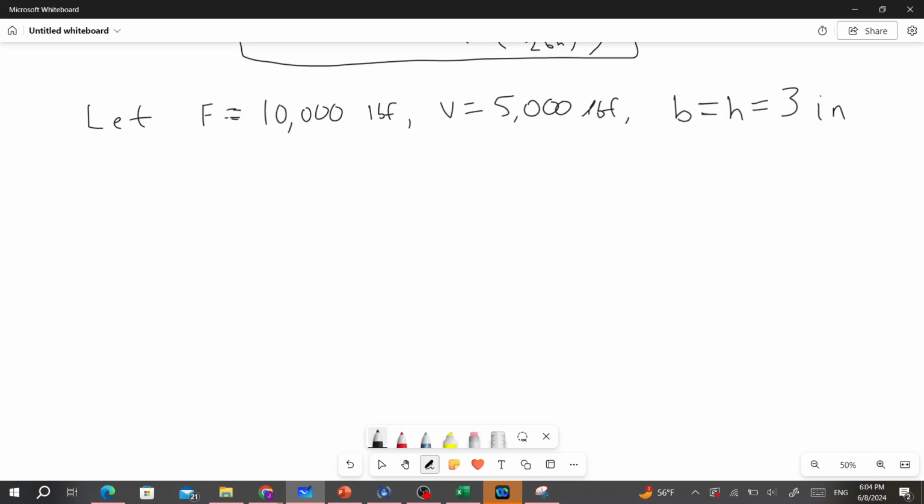But if we plug these variables into the equations we just looked at, we get that sigma 1 is equal to 370.4 psi. Sigma 2 is going to be equal to negative 1481.5 psi.